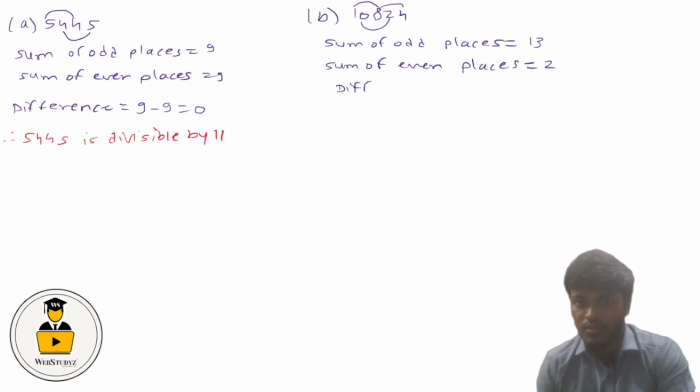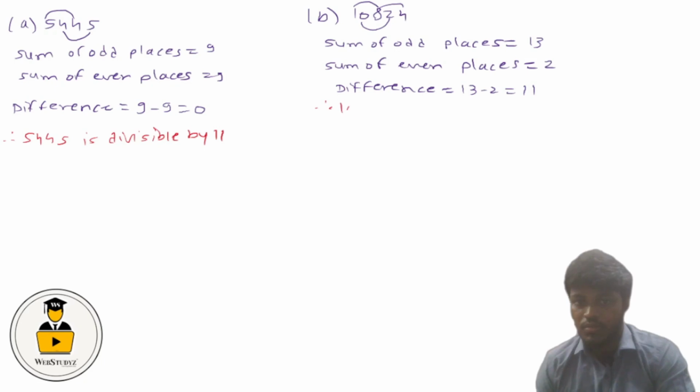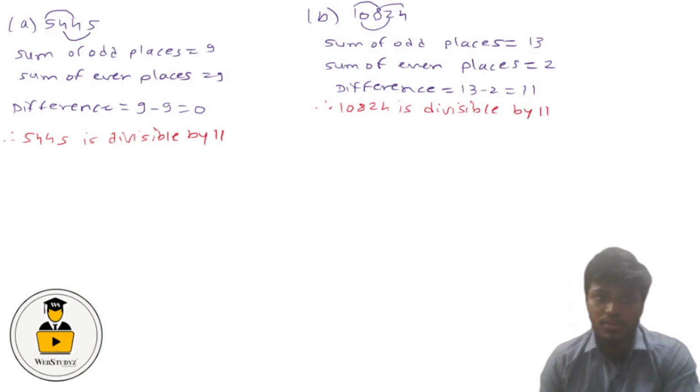Now the difference will be 13 minus 2, which is 11. Now we know that 11 is divisible by 11. So therefore we can say that the number is divisible by 11.